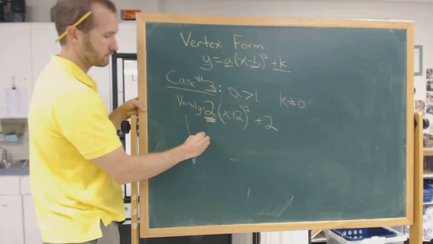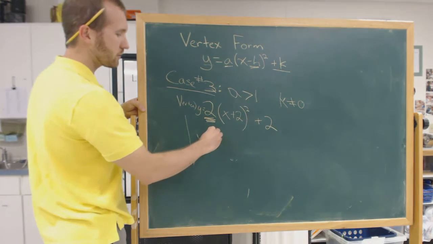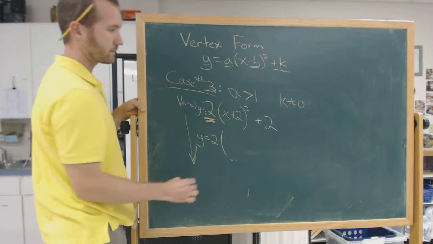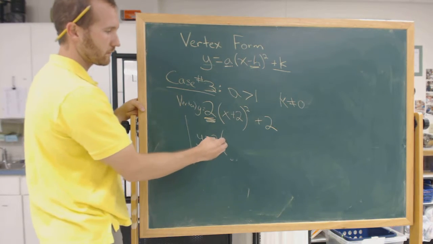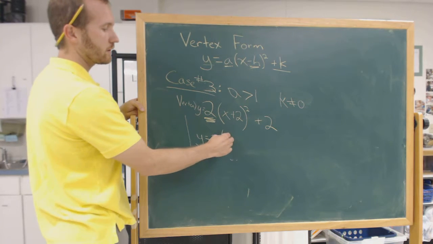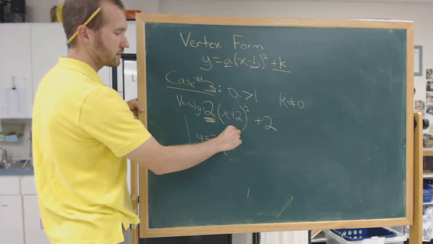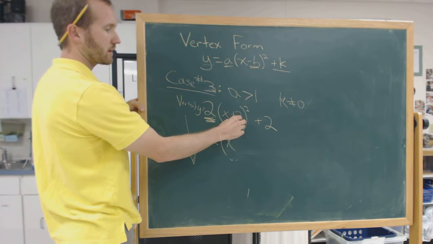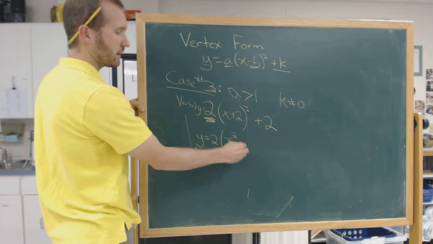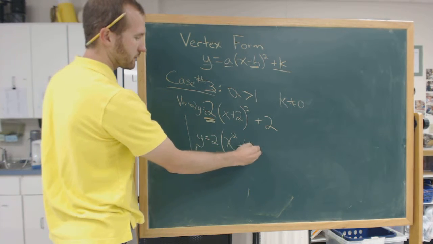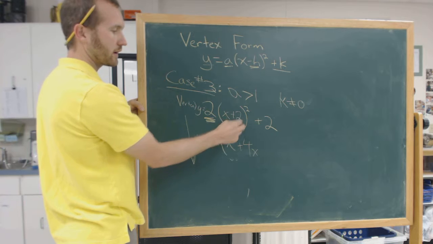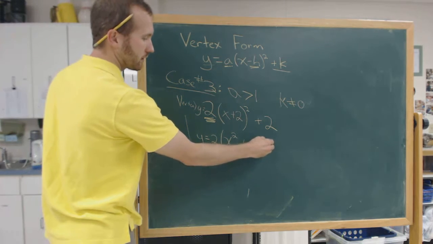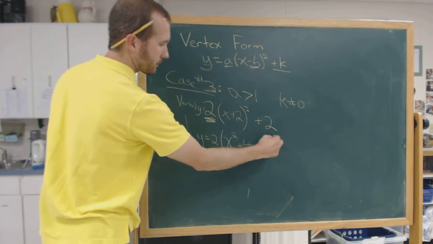I'm going to rewrite y equals 2, the same thing, but you don't put parentheses or the a. So now I have x squared, that's x times x. And I'm going to take 2x and double it, so plus 4x. And I'm going to take 2 and square it, plus 4.